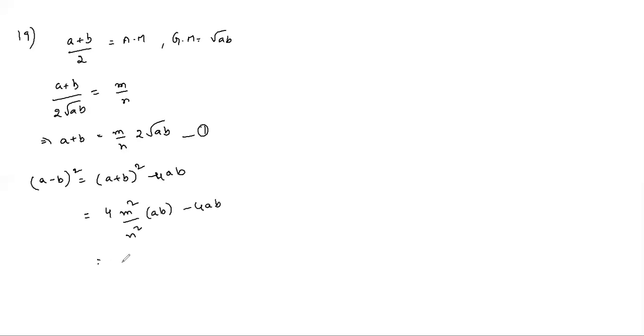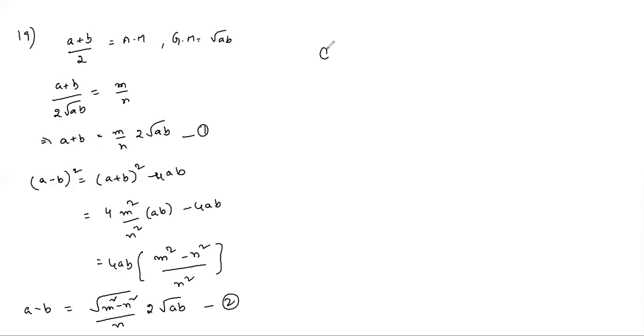So 4AB common, M square by N square minus 1, so (M square minus N square) by N square. So this is (A minus B) whole square. So A minus B equals root of (M square minus N square) by N into 2 root AB. Let it be 2.